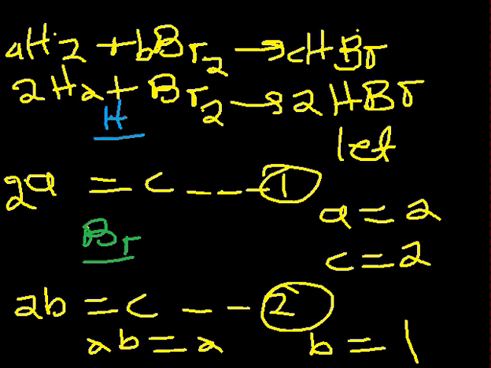Then let me take it back. Let's say A is equal to 2. Then if A is equal to 2, it means C will be given as 4. Sorry for that.